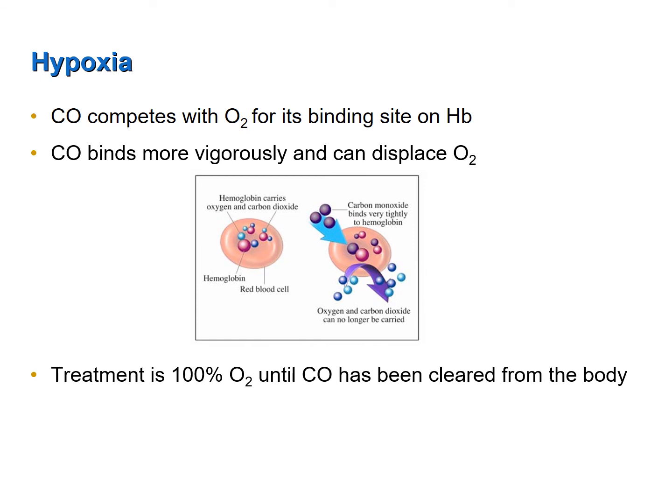Treatment of carbon monoxide poisoning is to provide the victim with 100% oxygen until that carbon monoxide is cleared from the body. And if one is available, a hyperbaric chamber is used to greatly increase the partial pressure of oxygen in the blood.